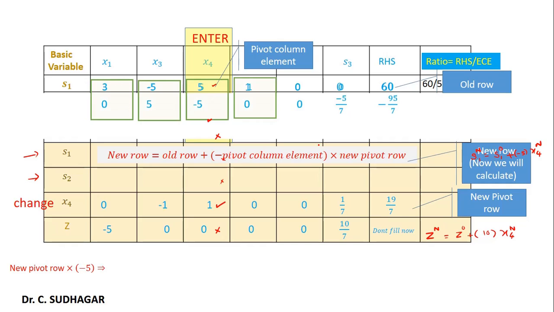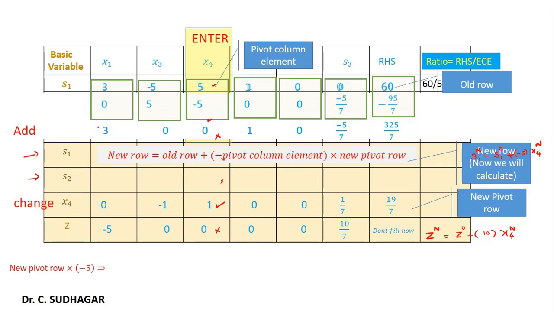All the values we will add now. So 3 plus 0, minus 5 plus 5, 5 plus minus 5, 1 plus 0 is 1, 0 plus 0 is 0, 0 minus 5 by 7 is minus 5 by 7, 60 minus 95 by 7 is this value. Use the calculator and don't write it as a decimal, put it as a fraction like this. That will give the exact answer for us.